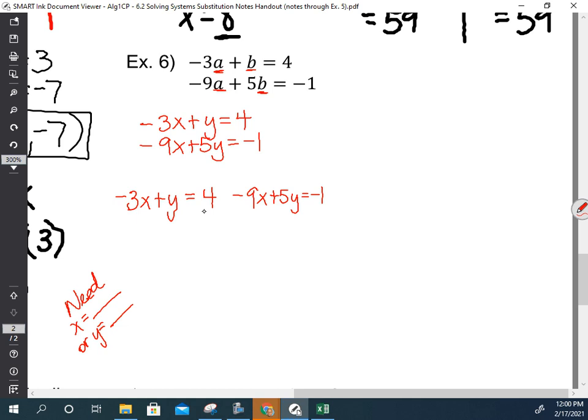All right, so we've got two y's. Which equation, the first or the second? The first one is easier to rewrite, and it's easier to get y by itself. Why is it easier to get y by itself? Because there's no number in front of it.